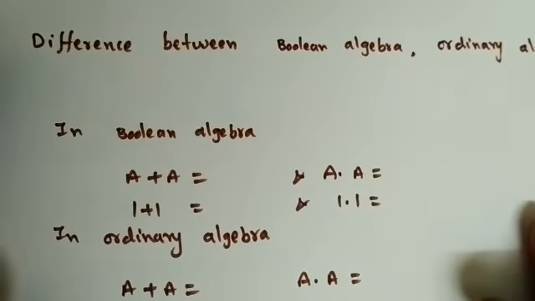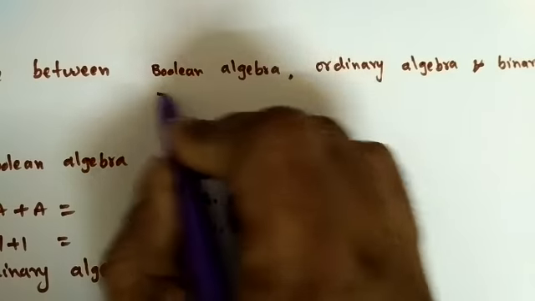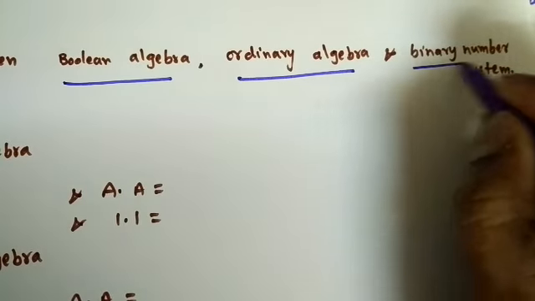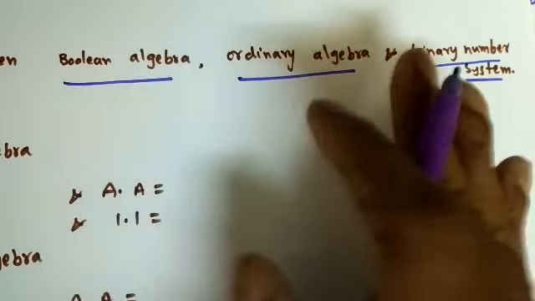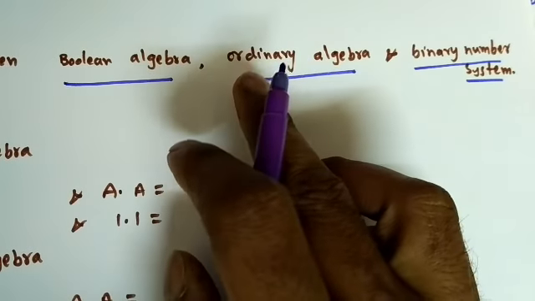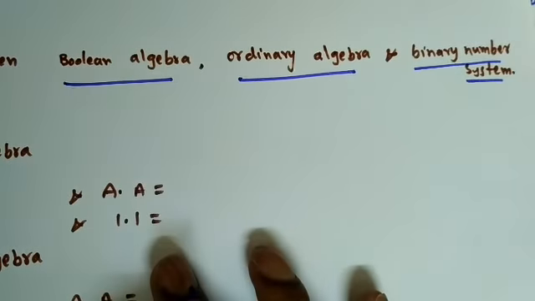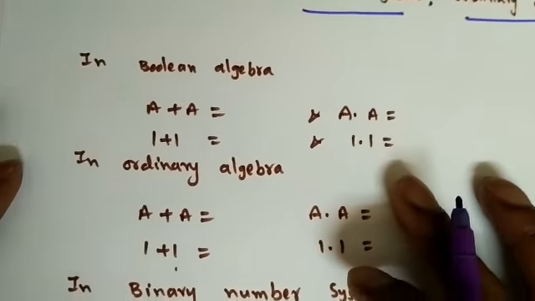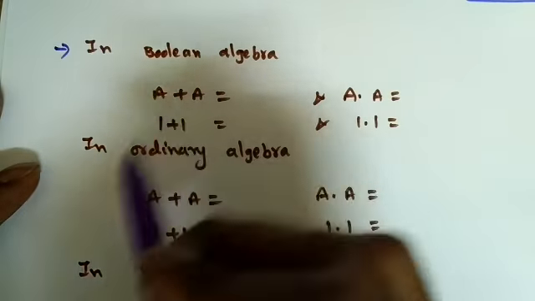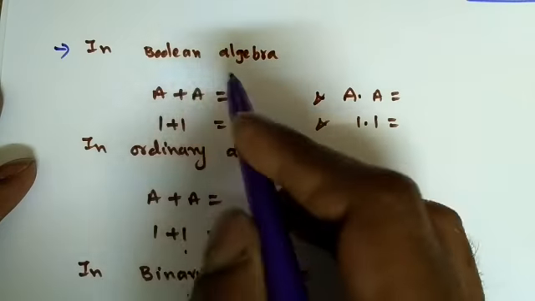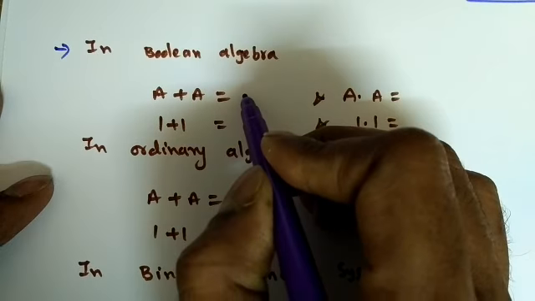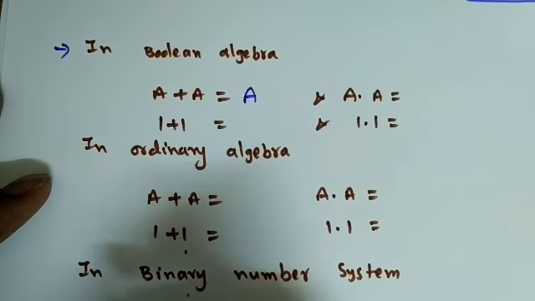Now we'll see some differences between Boolean algebra, ordinary algebra and the binary number system, because there is a lot of difference between these three. What are those differences? In Boolean algebra, suppose there is a plus a, or x plus x, y plus y, etc., then in Boolean algebra it becomes a only, right?